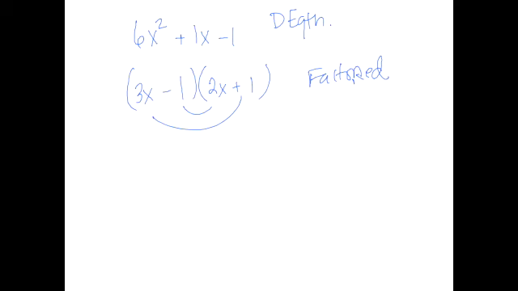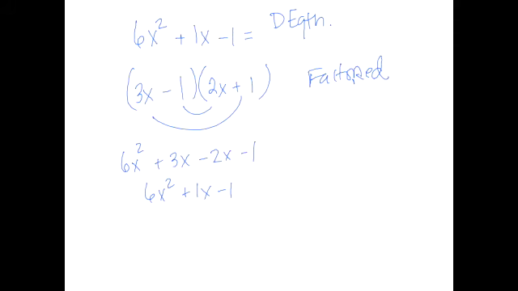And if you need to confirm that this thing right here factors into this, if I were to FOIL it, it'd be 6x squared plus 3x minus 2x minus 1. So that would be 6x squared plus 1x minus 1. Okay. So I do know that these are 2 other factors.